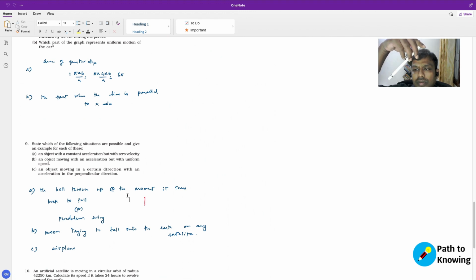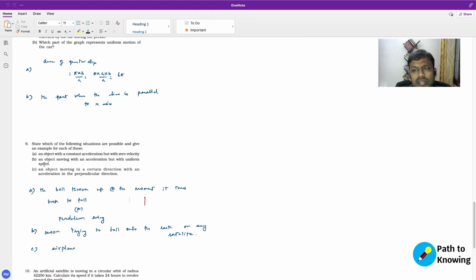So the pendulum does undergo the same acceleration all throughout, but at the leftmost end as well as at the rightmost end, the pendulum will briefly stop, which means that the velocity of that pendulum is zero at that point in time. So these are examples where your velocity will be zero, but still the object is undergoing a constant acceleration.